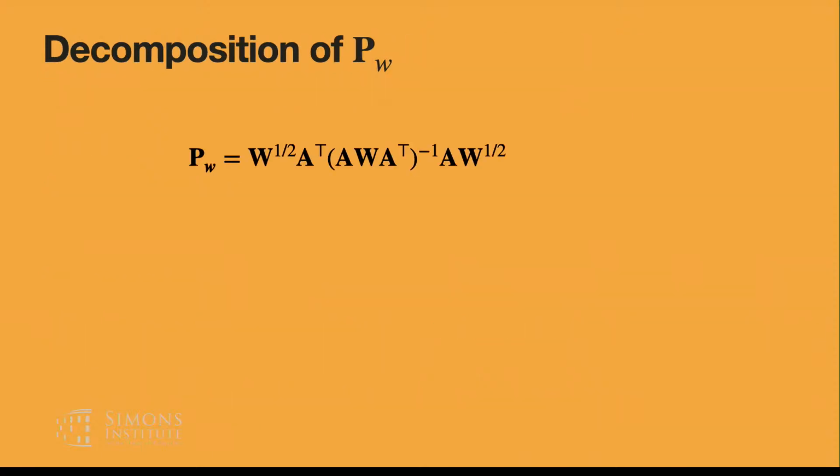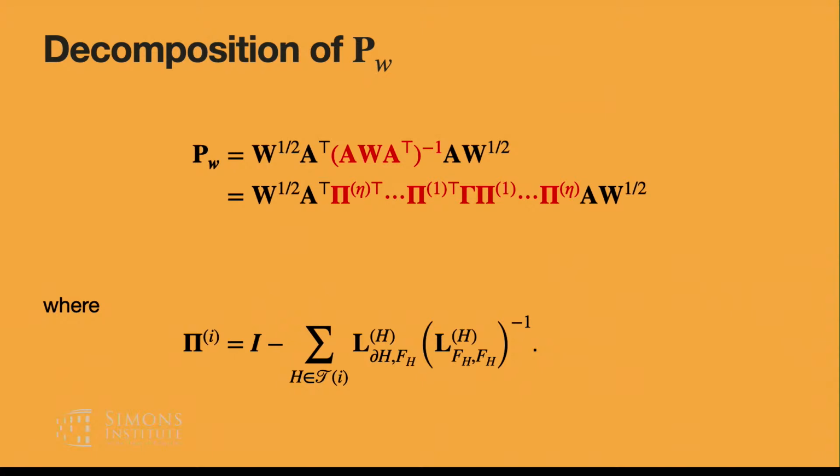With that, we can decompose P sub W into something of this form. Every matrix pi, like pi to the i, represents something going on at the ith level of the separator tree, and we have some matrices associated with each node of the tree.